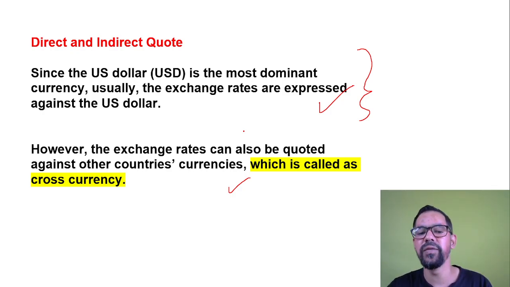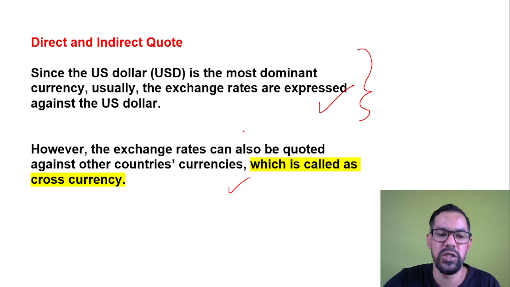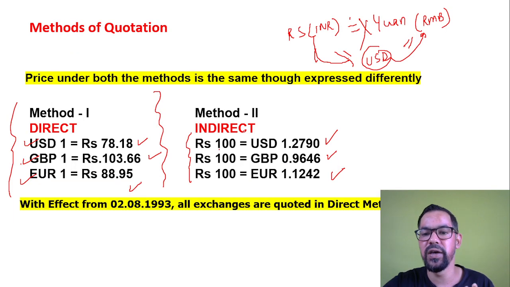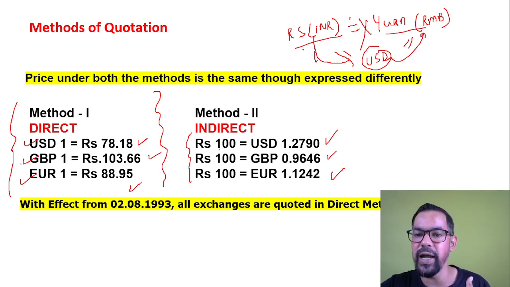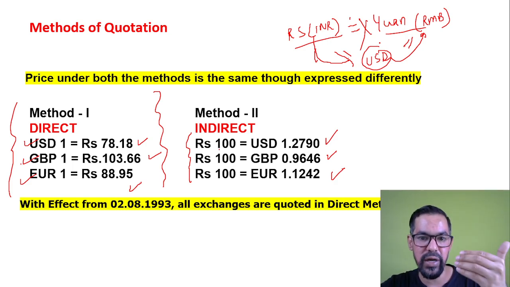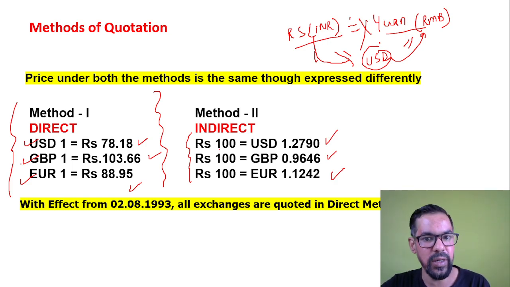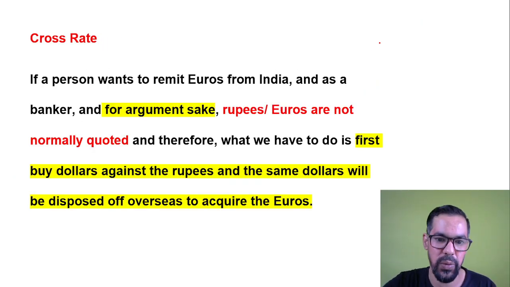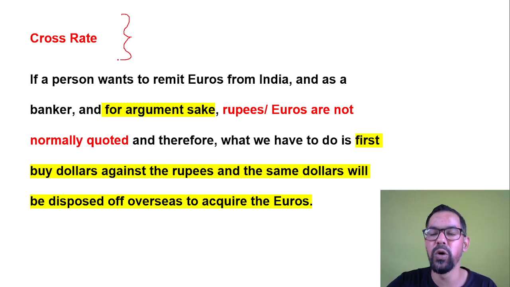Apart from that, we usually go for cross currency. As I gave you an example, let's say we do not have an INR renminbi pair. So first we convert INR into USD, then USD into renminbi, because renminbi and USD have a pair, and USD and INR have a pair. So we can easily convert that. Hope with this you also get an idea about cross rate.